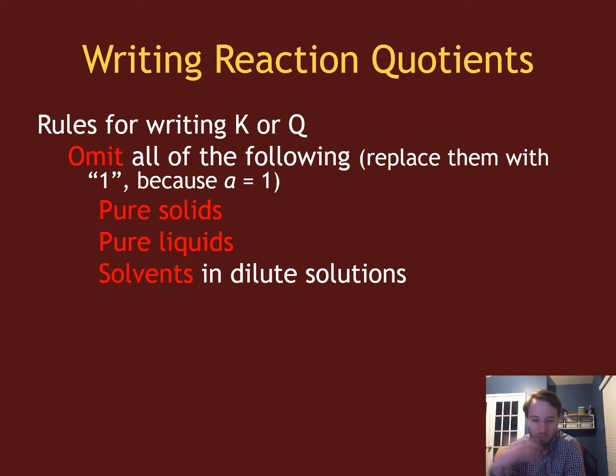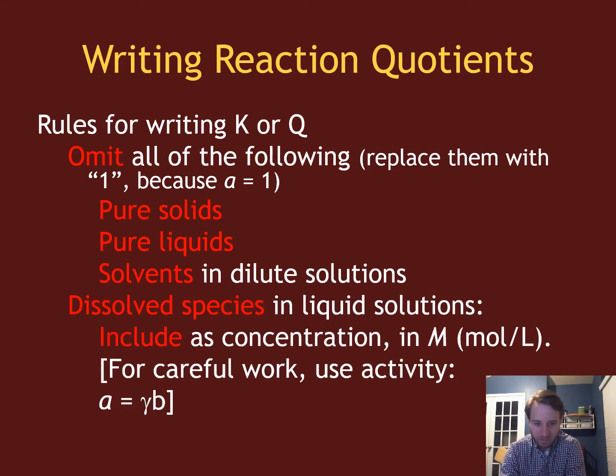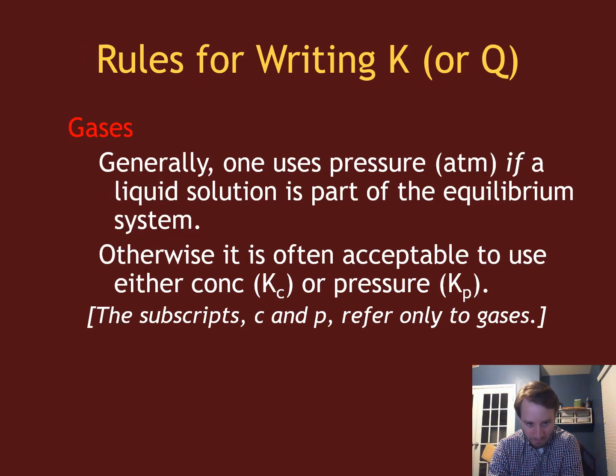So we lump those in with the standard chemical potentials, and they don't appear in your equilibrium constants. But we include things that are dissolved in liquids, in terms of concentrations and potentially activities, if you're trying to be very careful and precise.